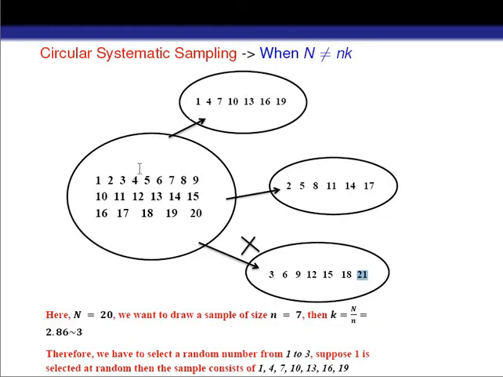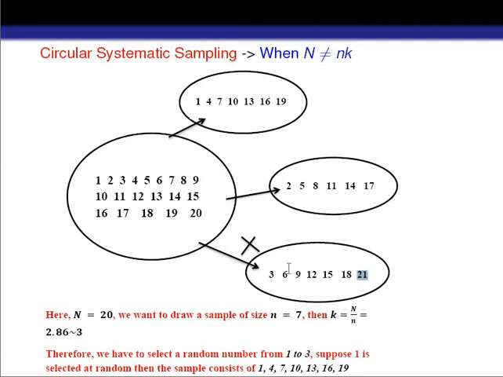Our population consists of 20 observations numbered from 1 to 20, and there is no unit numbered 21. So this will not be a valid sample. That means the process of linear systematic sampling is not going to work here when capital N is not equal to nk.